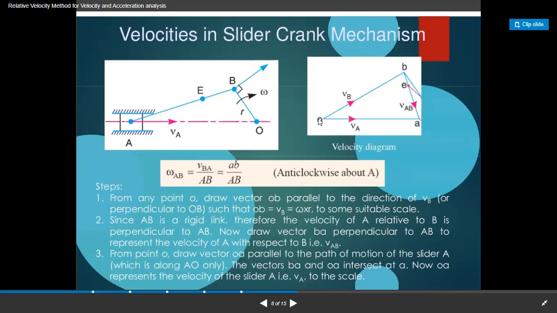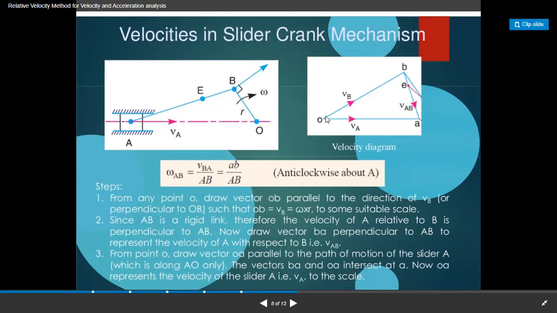Now from the point O, because point B is also connected with point O and it's the absolute velocity, draw a line in the direction of VB, that is, the perpendicular direction of OB.